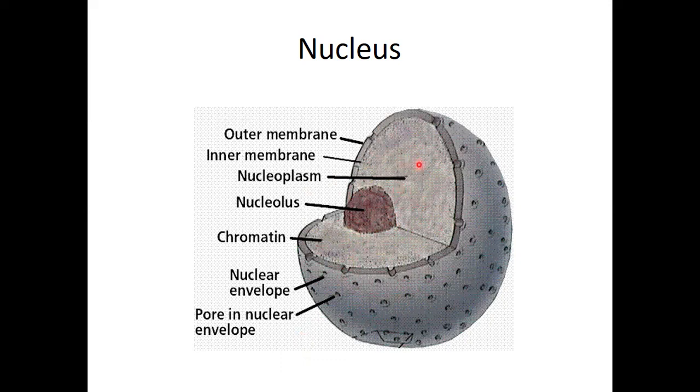Since the entire nucleoplasm is filled with DNA in the form of chromatin, and DNA is a molecule of life, all information about us as human beings is contained in our DNA.